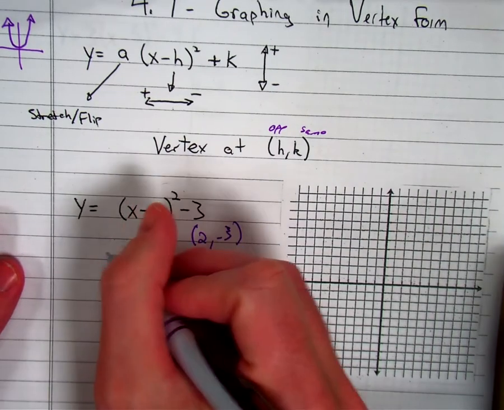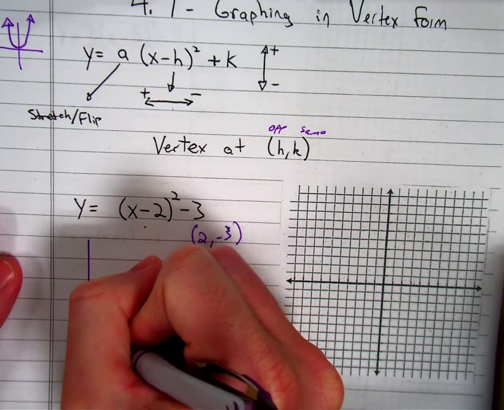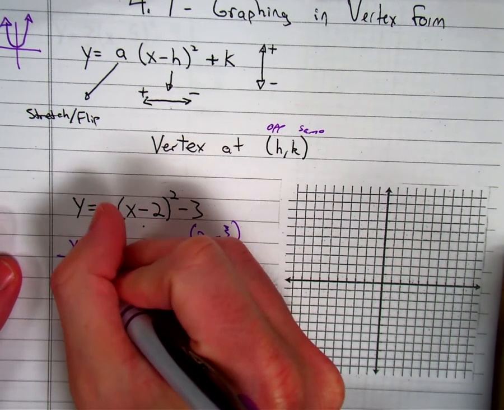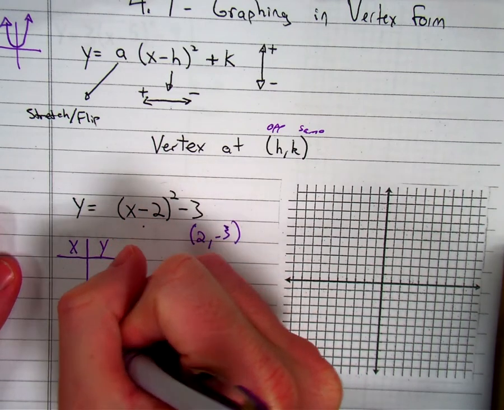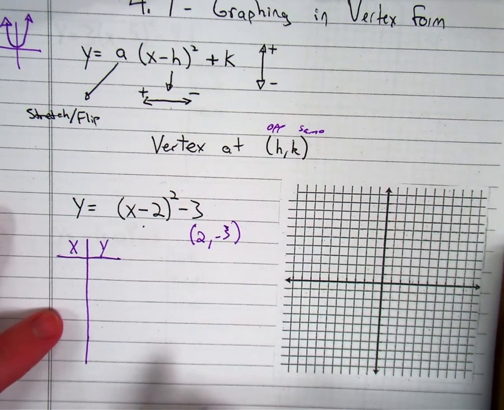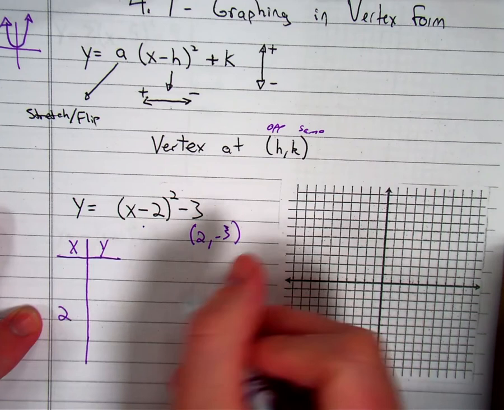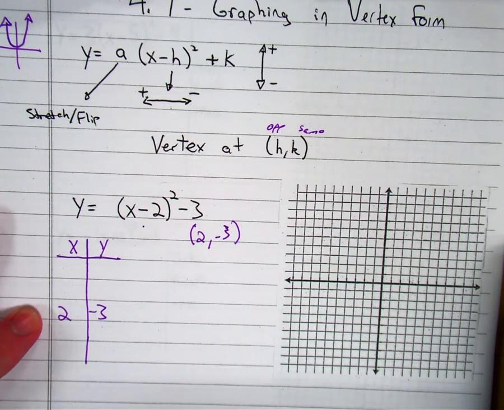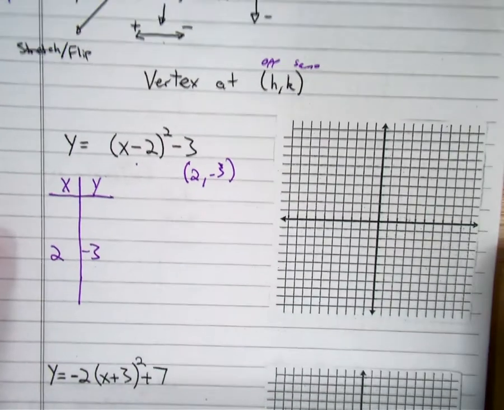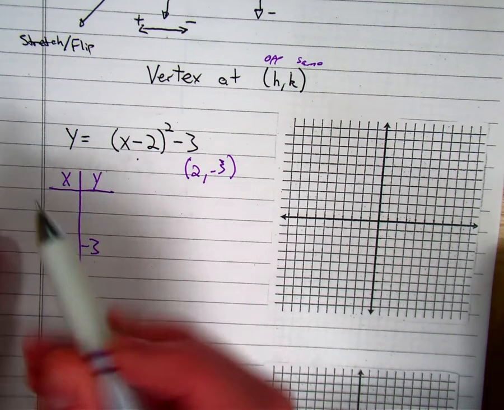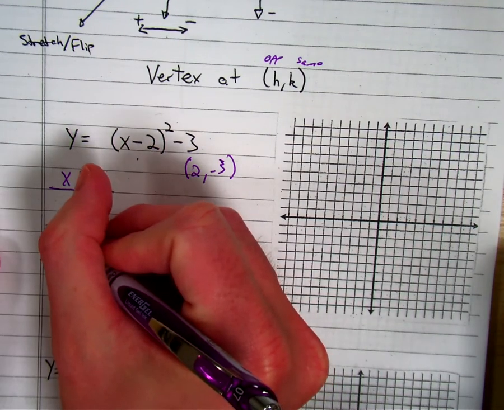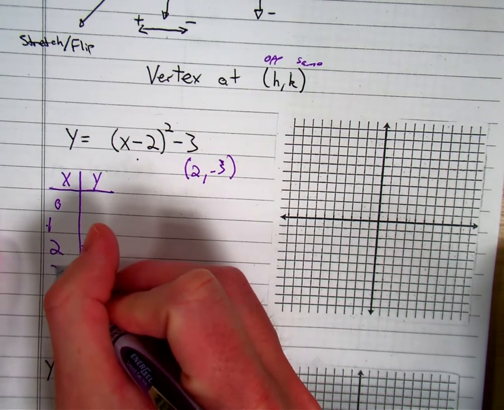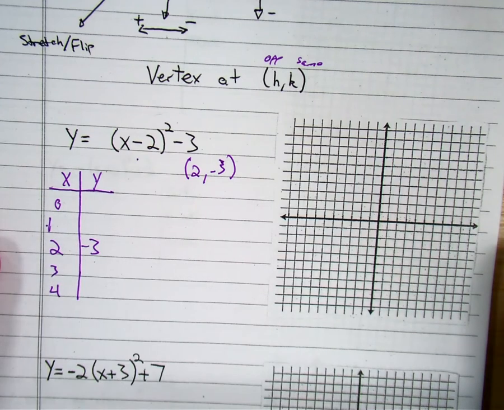All right, and we can make a table. Make a table and build our table around it. You can always do that. Let's go with 1, 0, 3, 4.